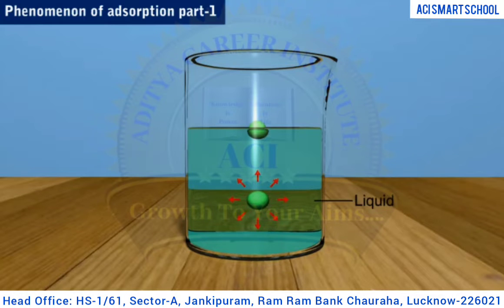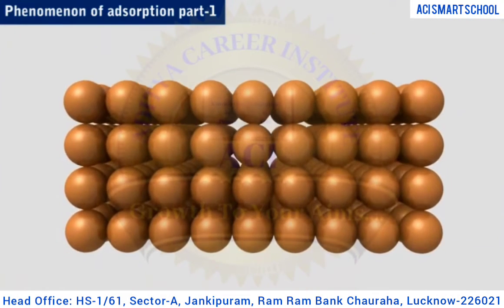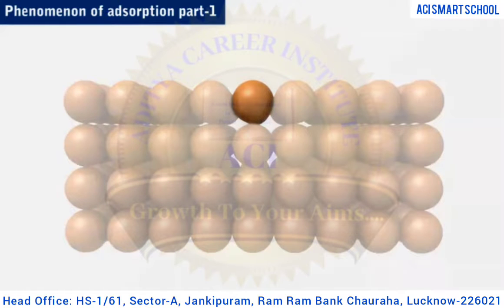However, the molecule on the surface is surrounded by liquid molecules of the same phase and also by fewer molecules from the gaseous phase. As a result, the molecule lying at the surface experiences an unbalanced force or some net inward force of attraction. Similar inward forces of attraction exist at the surface of solids.